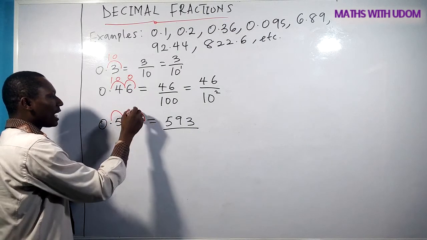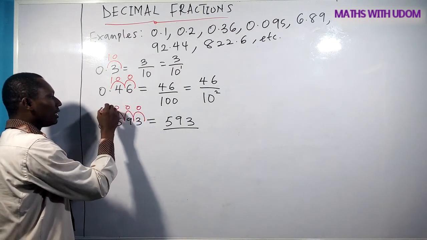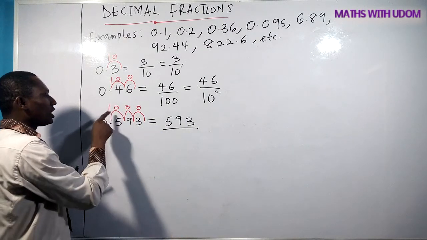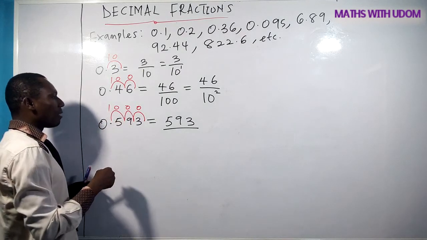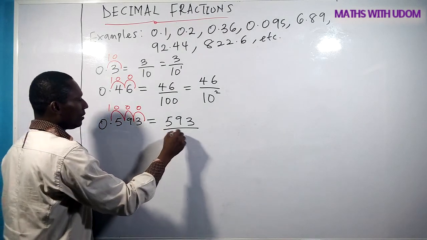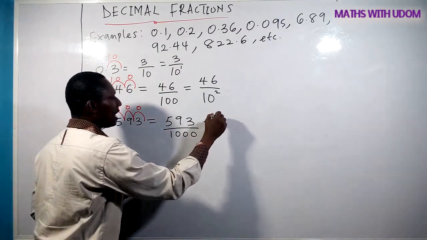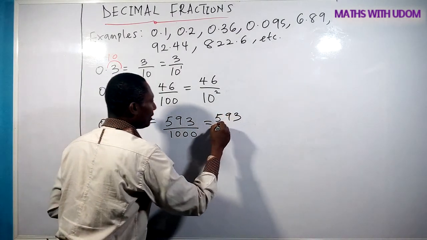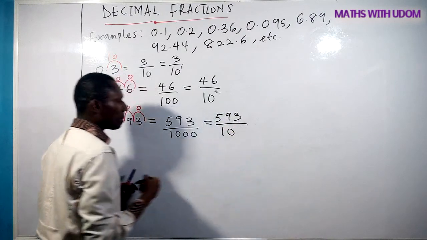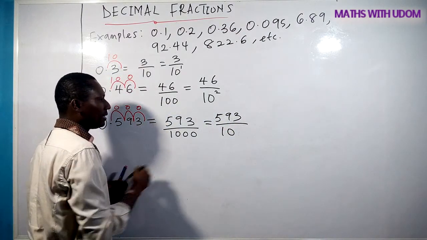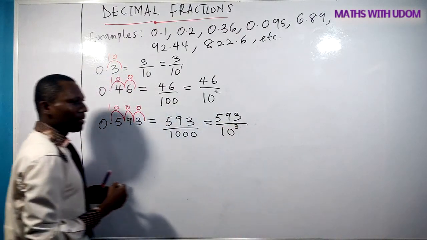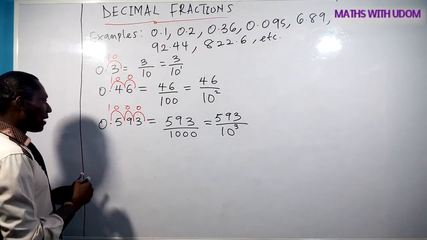So we'll move 3 times. That will be 0, 1, 2, 3. We put 1 right there. It means you are dividing that number by 1000. Which can be rewritten as 593 divided by 10 raised to the power of, how many zeros can you see here? 3 zeros, power 3.